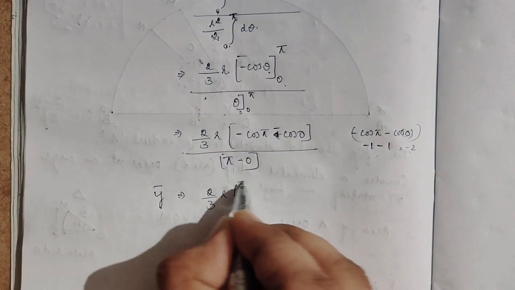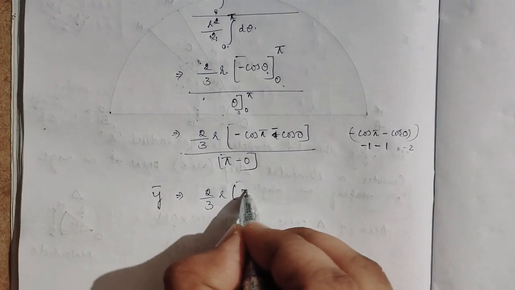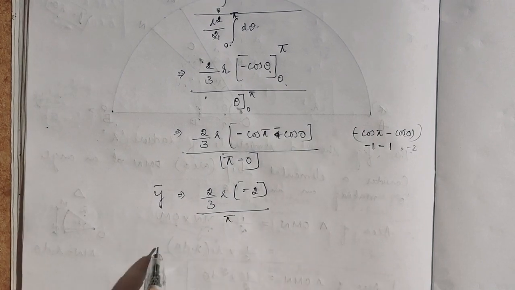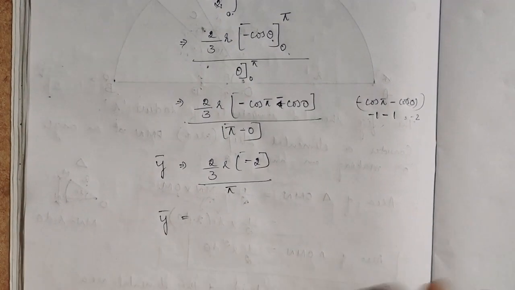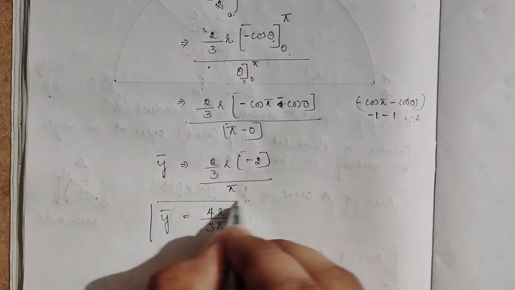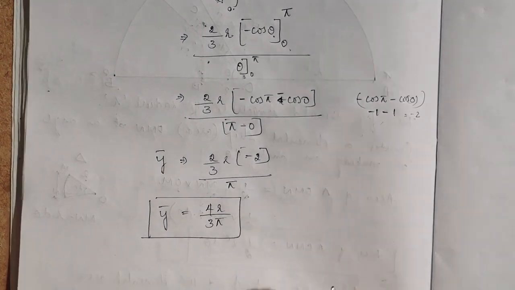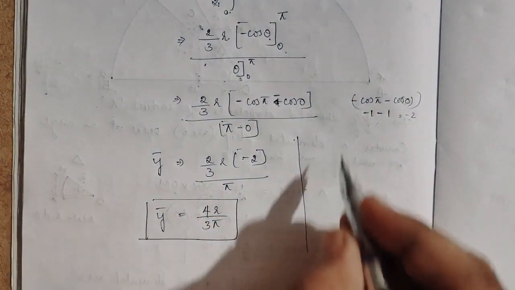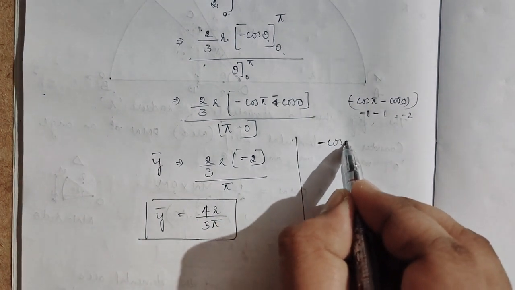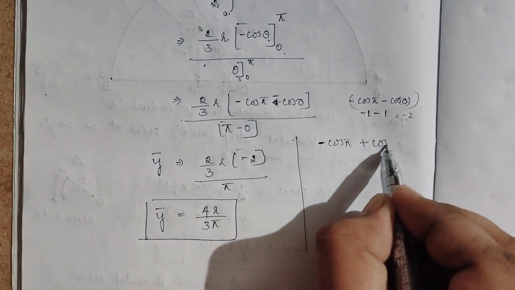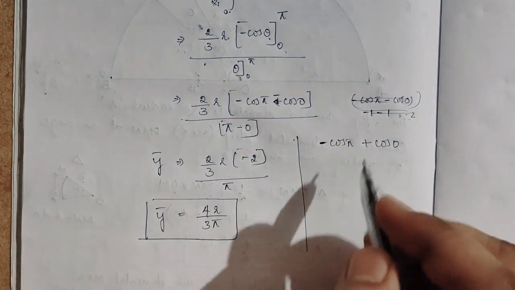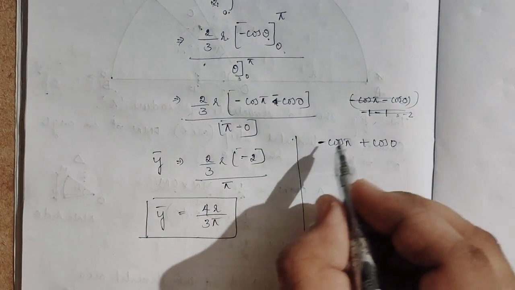So 2 by 3 r into 2 divided by pi. So y bar is equal to 4r by 3 pi. Here again I'll tell you: minus cos pi plus cos 0, minus into minus becomes plus. Sorry, I was confused, so cos 0 will happen.